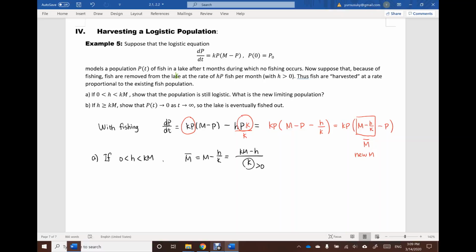And so here, if h is between 0 and km, then km minus h will be positive. So the numerator is also positive. So we get m hat is positive. So we still get a logistic equation. Okay?